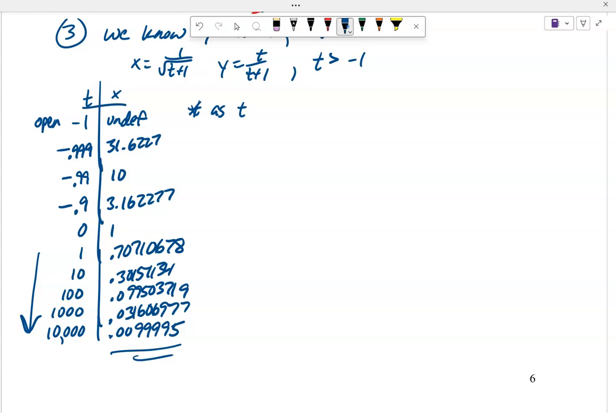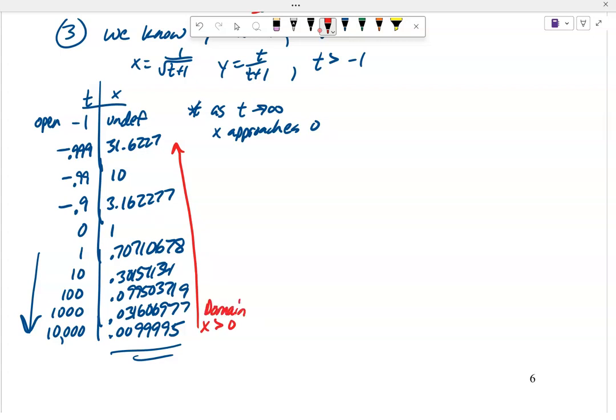As t shoots to infinity, at least on the right hand side, as you're greater than 1, x approaches 0, right? See how your x's here are all bigger than 0. X is greater than 0. That's your domain on here.